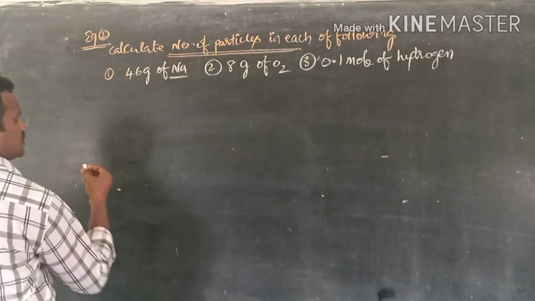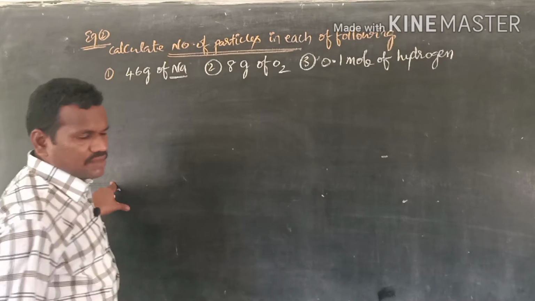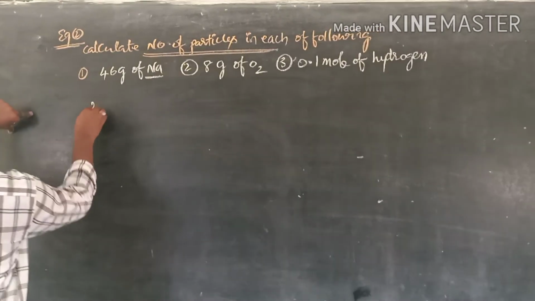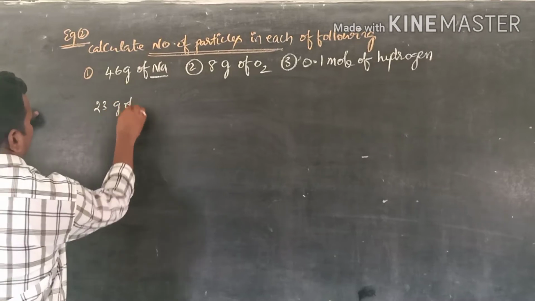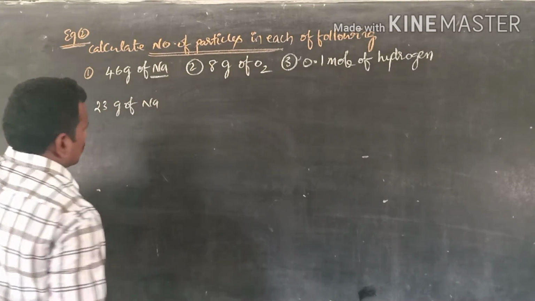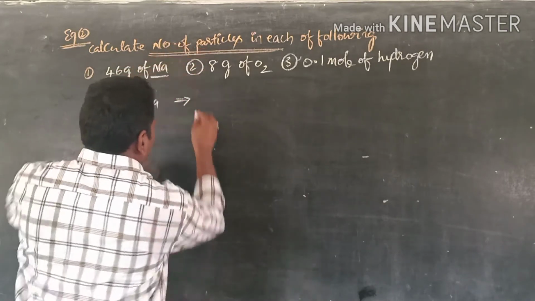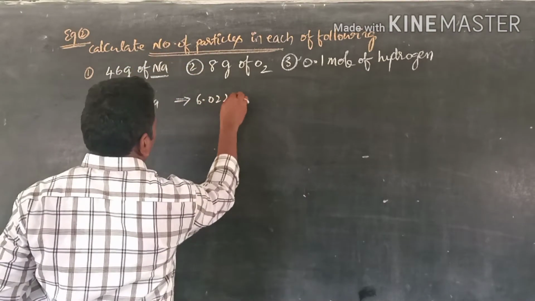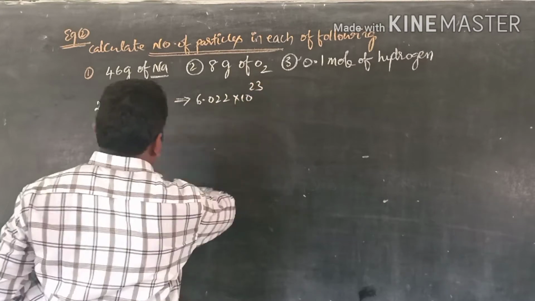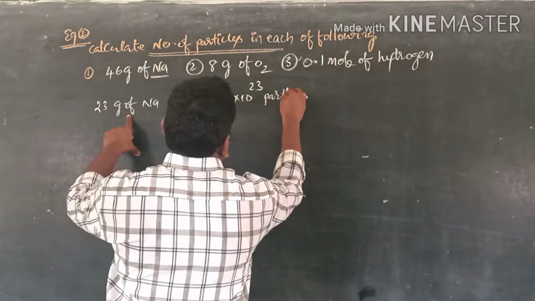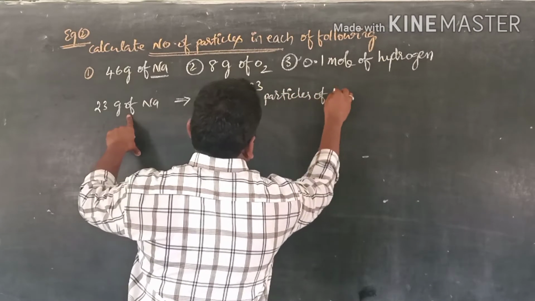Originally, as per the general representation of sodium, 11Na23. This means 23 grams of sodium has the number of particles. They are asking the number of particles, that is 6.022 into 10 power 23. Here grams came, so we can write particles of Na.